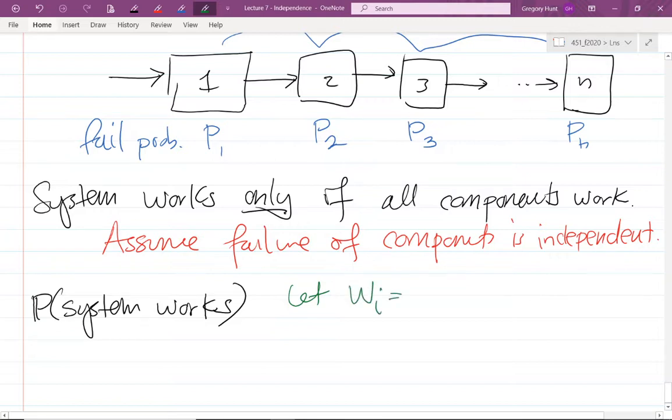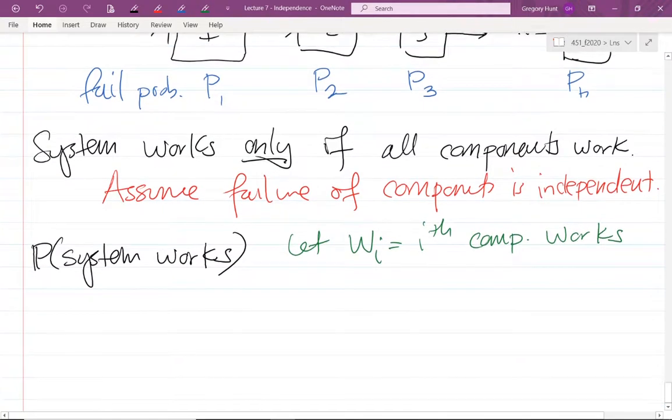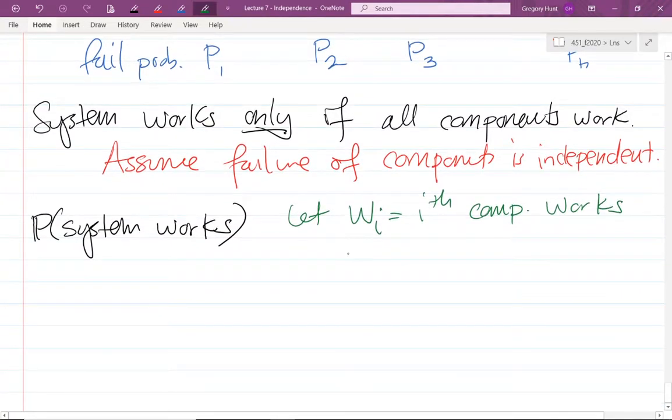W sub i is the event that the ith component works. And we know that the probability of W sub i complement, which is the probability that the ith component fails, is going to be p sub i.